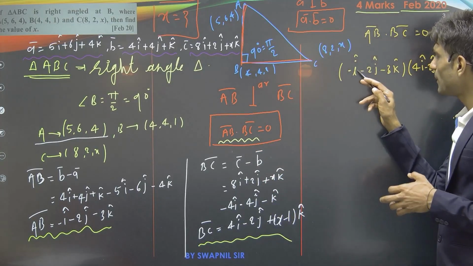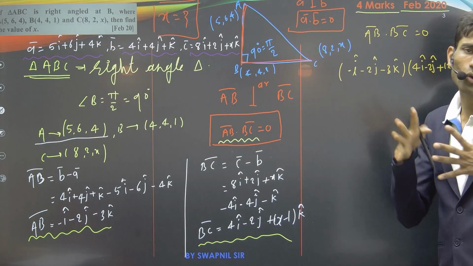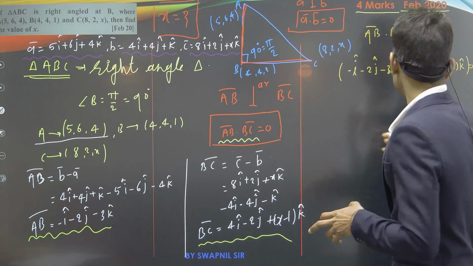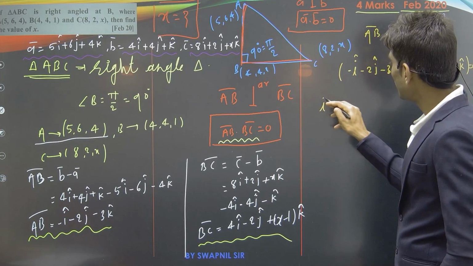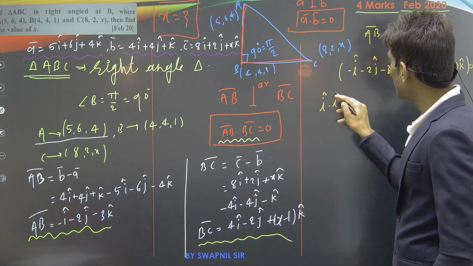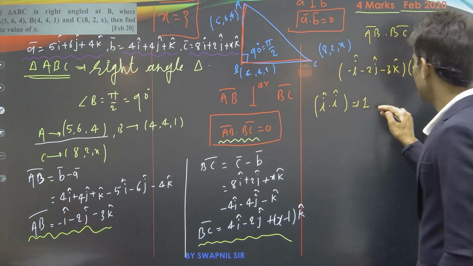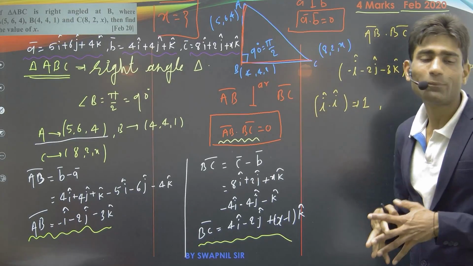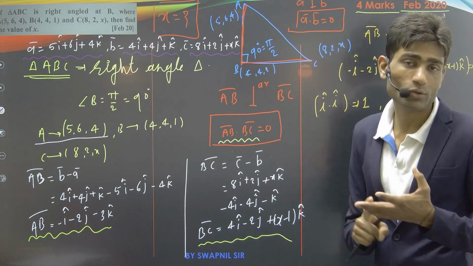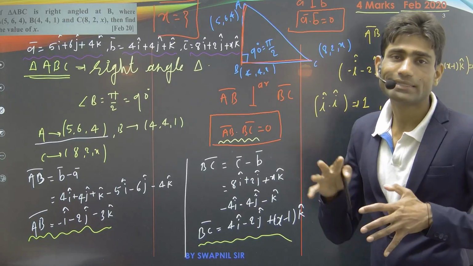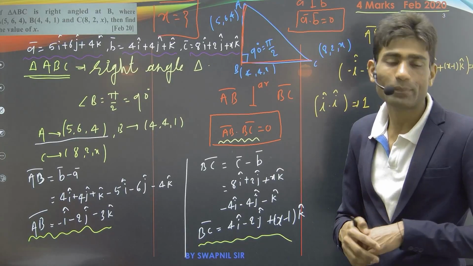The multiplication of i cap into j cap is always 0.